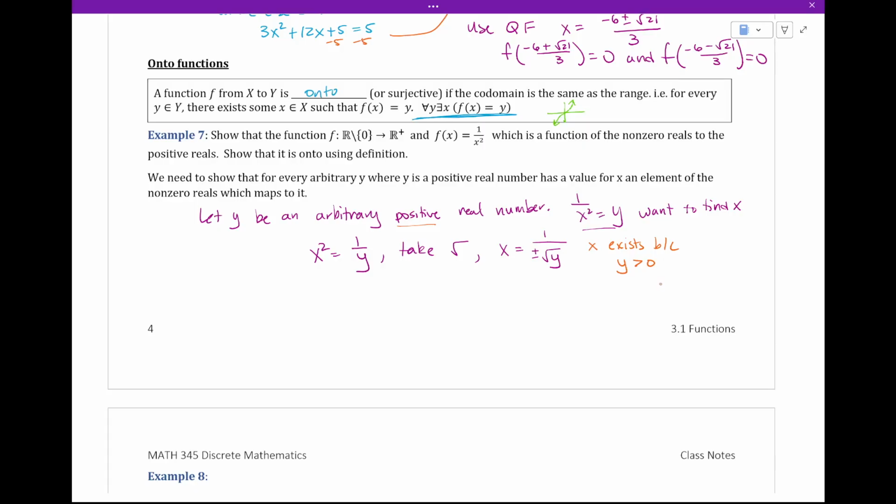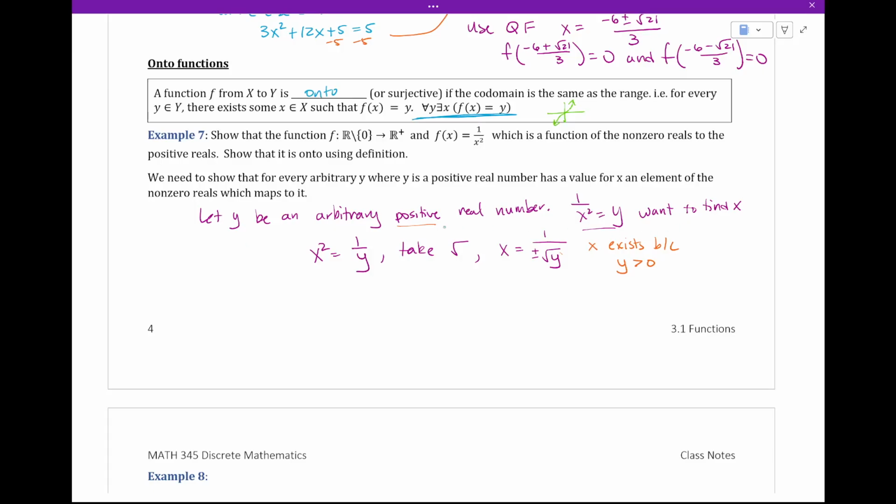I said it was a positive real number. Positive real numbers also don't include 0. So we've got several things going on right here. If I'm taking the square root of y, it has to be greater than or equal to 0, and it is. And since it's in the denominator, it can't be 0, and it's not because it's a positive real number. So this is something that exists. So we're safe.